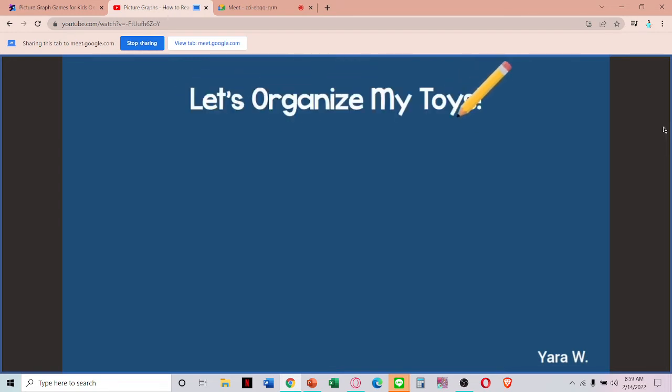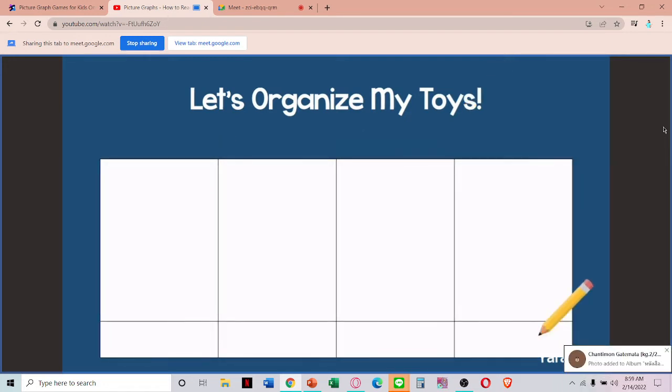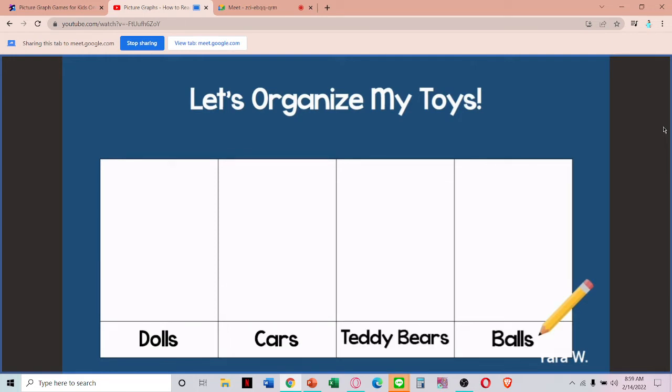He gets a pencil and paper and starts writing down his plan. Let's organize my toys. I will draw a special table called a graph to organize all of my toys. Now let's see. I have dolls, cars, teddy bears, and footballs.